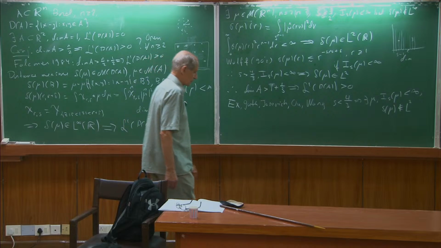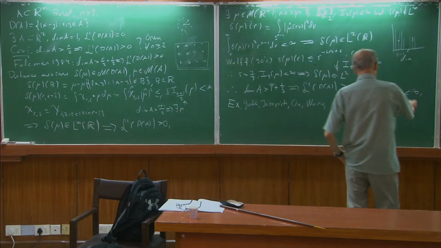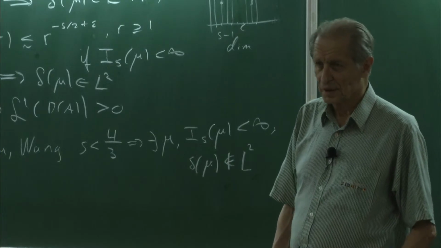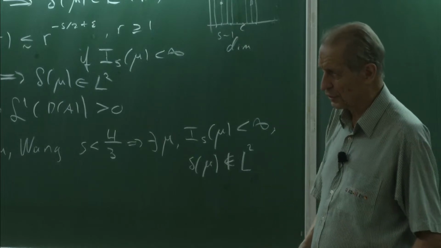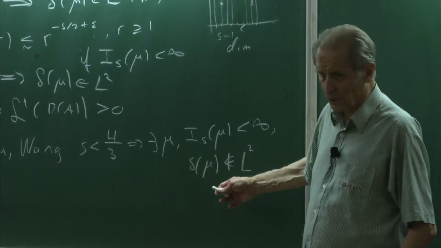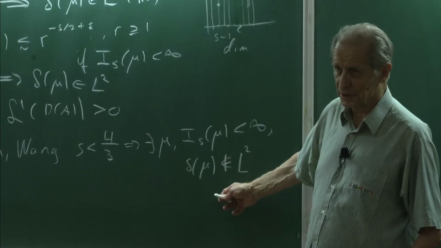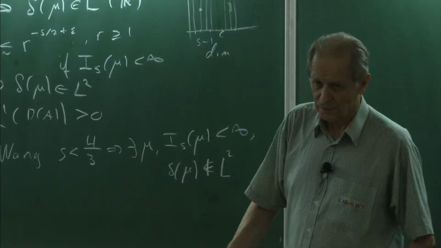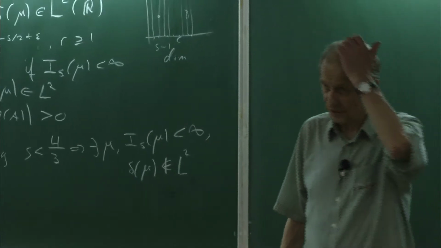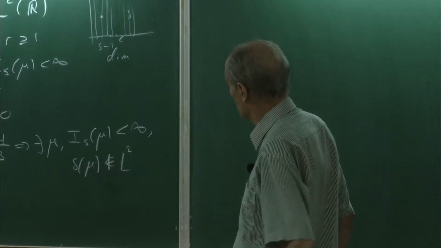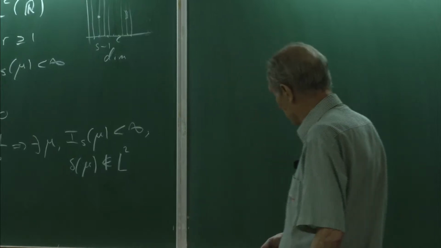I still want to emphasize that I use L2, and I don't say that delta mu is in L1, that it's an integrable function, and then it is absolutely continuous, because what you really do, you use some approximations, and then you show that these approximations belong to L2 with constant independent of the approximation, and then you can go to the limit. But if you have L1, then all kinds of measures converge to Dirac delta, for example, in L1, with bounded L1 norms. So it's important to get to some Lp.